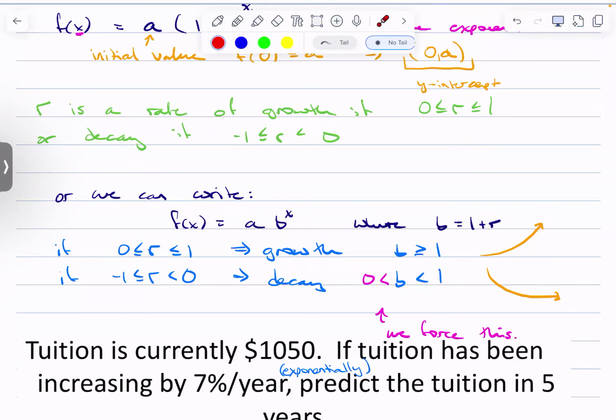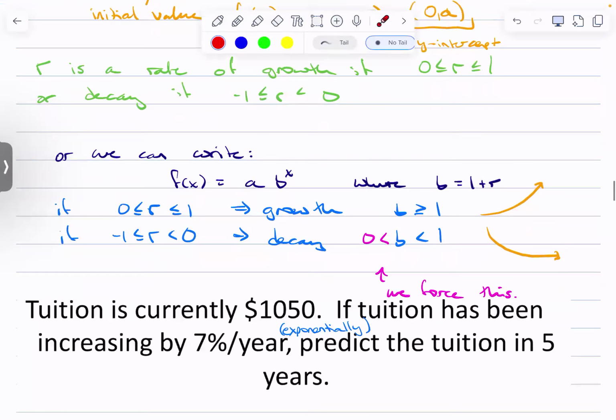Whereas if r is negative, then we know we have decay, as we said earlier. And so it's between -1 and 0. So that means that b is going to be between 0 and 1. And so then, b between 0 and 1 tells me that I have a decay here.